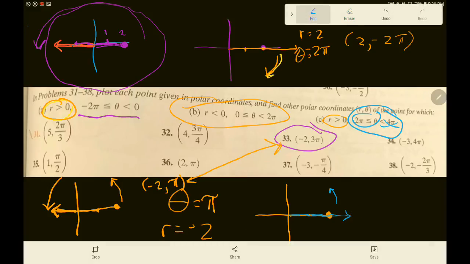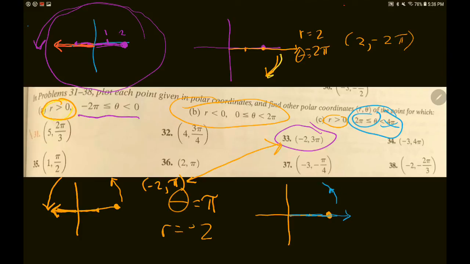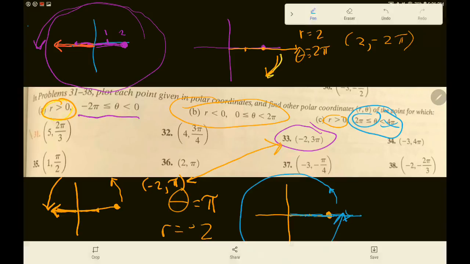If we go 2 pi around the circle, we stop right here, which is the angle we want. So our 0 degree angle is also called 2 pi. It's also called 4 pi. It's also called 6 pi, 8 pi, any even integer number of pi, positive or negative, is that angle.